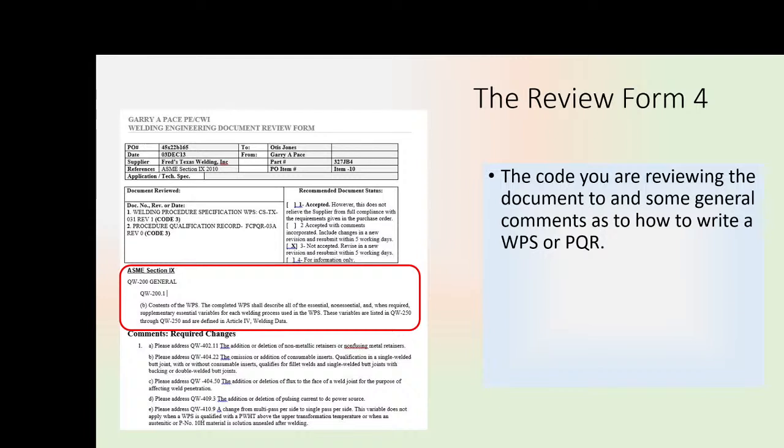The completed WPS shall describe all essential, non-essential, and when required, supplementary essential variables. So if I'm whacking somebody on this and telling them they need to address non-essential variables, well, here it is. Boom. This is the part of the code that says you need to do that. So I generally put relevant portions of the code that tell people what they need to be doing. I throw those right in there.